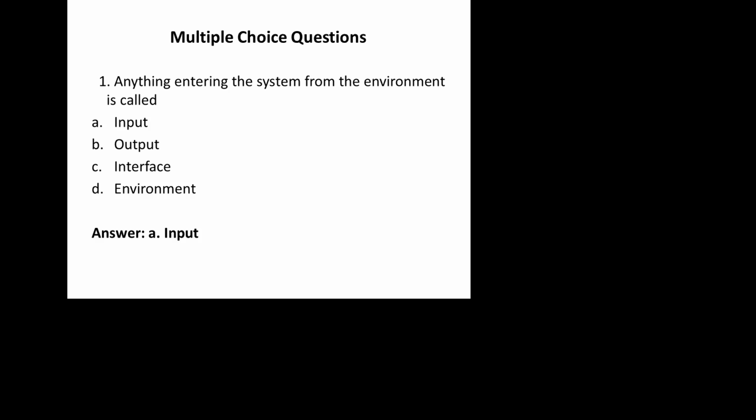So with this, I would like to end session 1 with five multiple choice questions. Anything entering the system from the environment is called input. The point at which the system meets its environment is called interface.